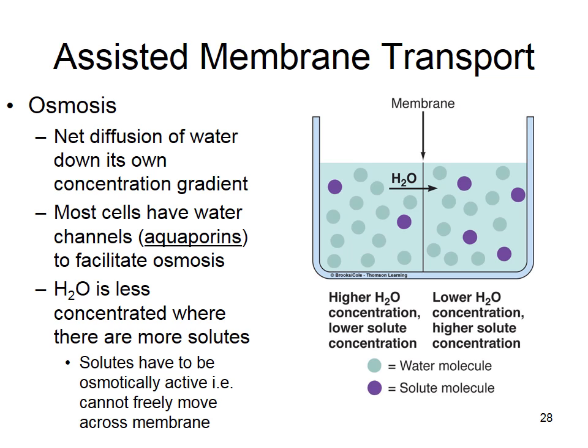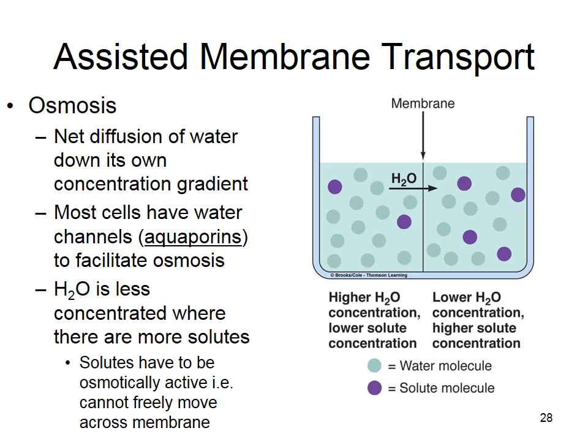I also like to say water wants to be where the party's at, which is where all the solutes are. Most cells have aquaporins, or pores, in the plasma membrane to allow water to freely pass and do osmosis. Most cells, not all cells. But most of your cells are freely permeable to water because they have aquaporins.